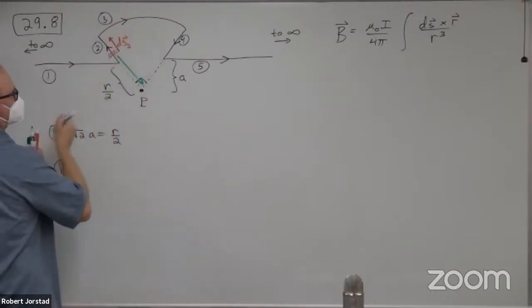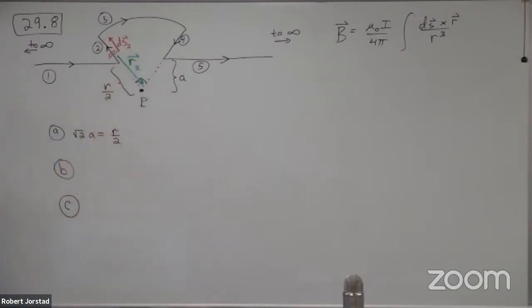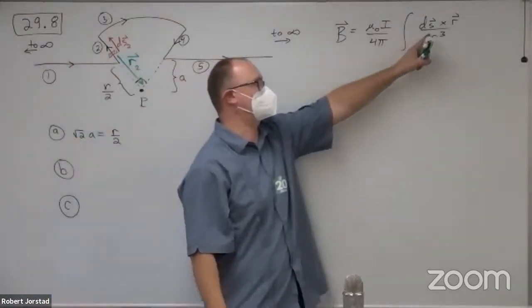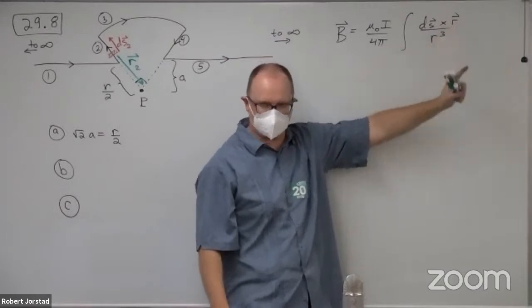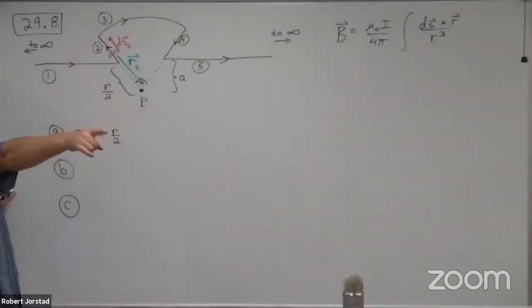The r vector points this way. What's the angle in between? 0 or 180, depending how you want to think about it. I would say 180 because these are anti-parallel. What do you get when you do the cross product of things that are parallel or anti-parallel? 0. Do you agree that for this segment, you were absolutely right?